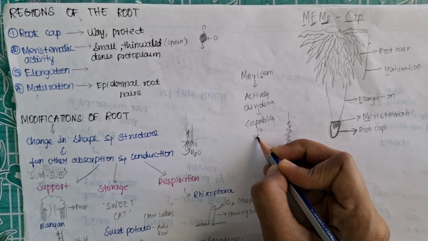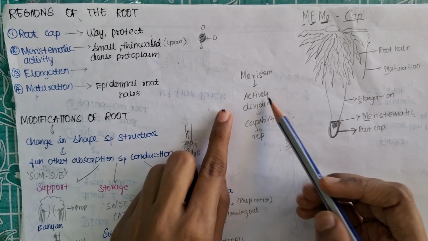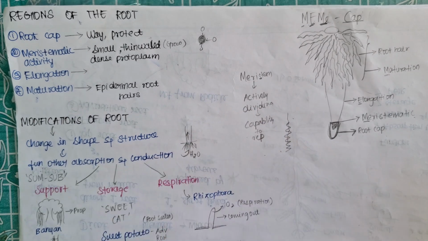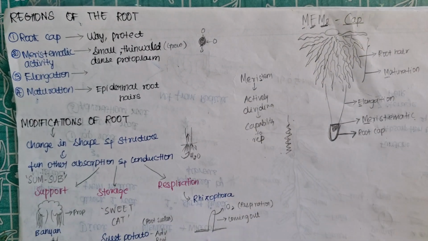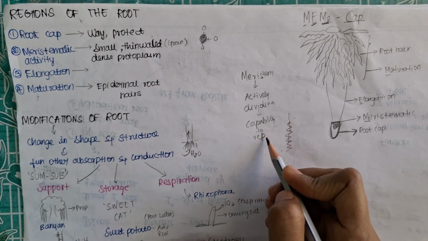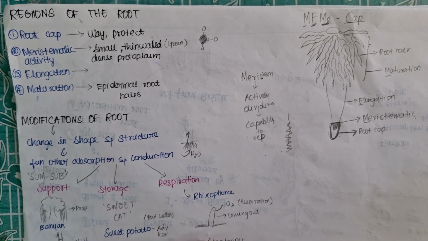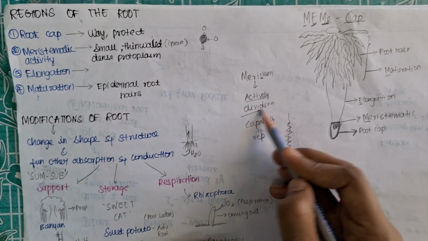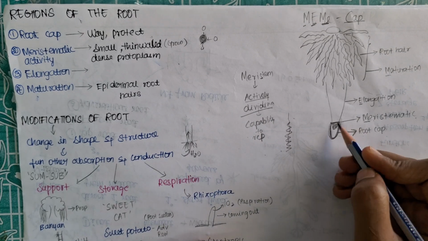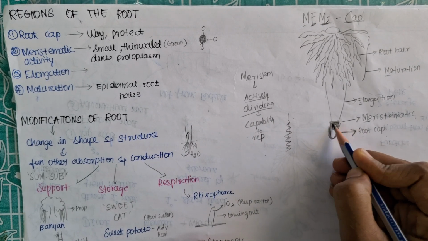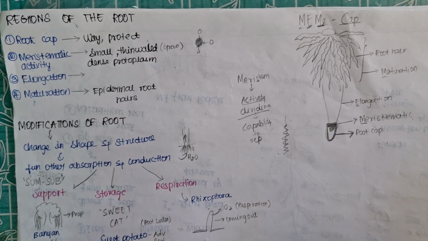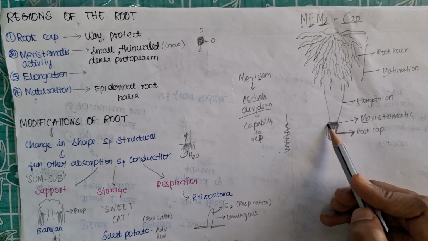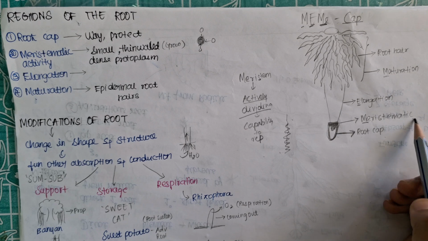So whenever you see meristem, that means they are actively dividing and they can reproduce. In a plant or in a root, only a few particular regions will have this capacity to regenerate or actively divide. So this small part is called your meristematic region.